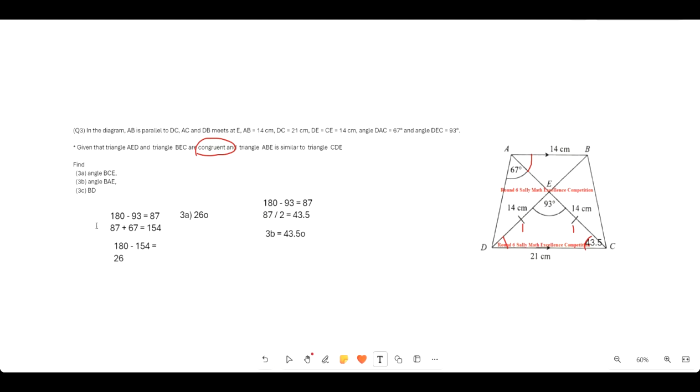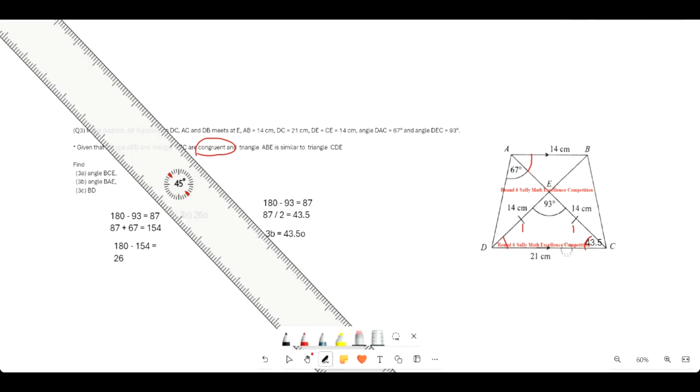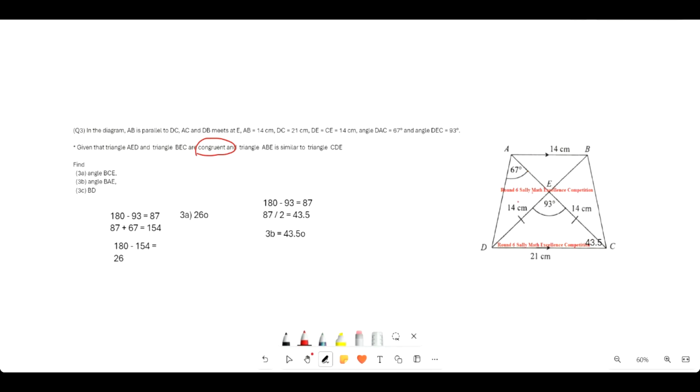Okay, now let's do the last question for question 3. Question 3C. Find the length of BD, which is a line. So we know that here E to D is 14 cm. So we already found more than half of the length.